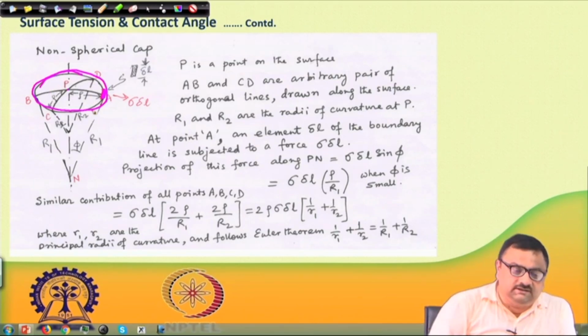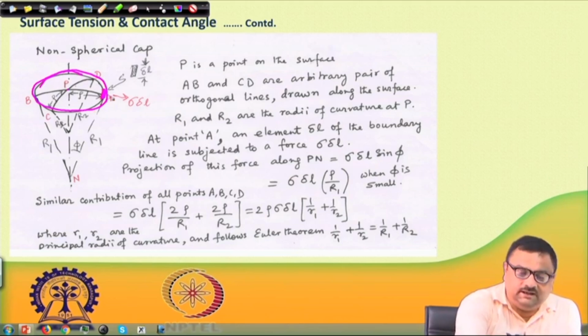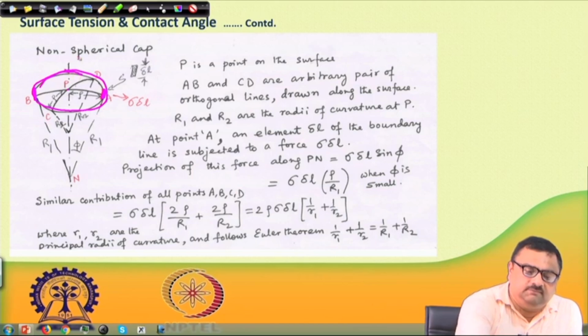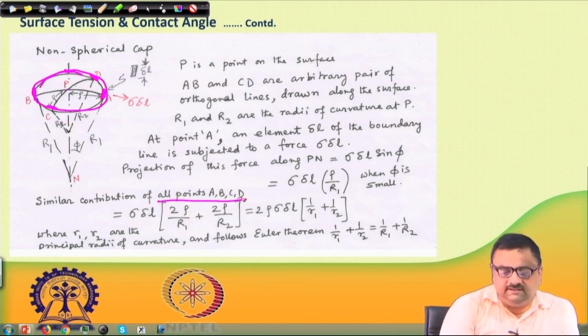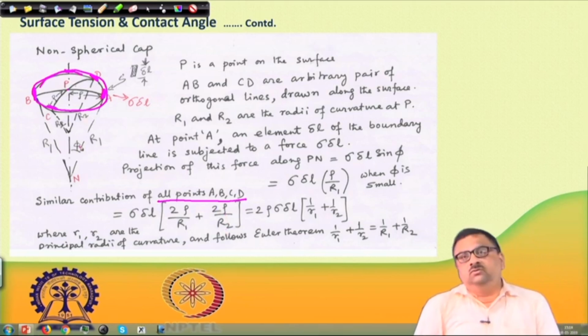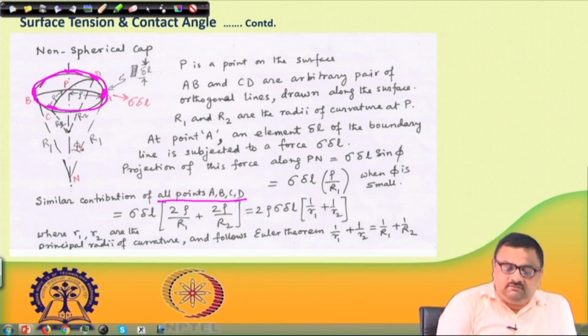So, we found the contribution from point A, point B, a similar delta L element at point D, and a similar delta L element at point C. If we sum up all these 4 delta L elements, we see the contribution of all points A, B, C, D as sigma delta L into 2 rho divided by capital R1 plus 2 rho divided by capital R2.